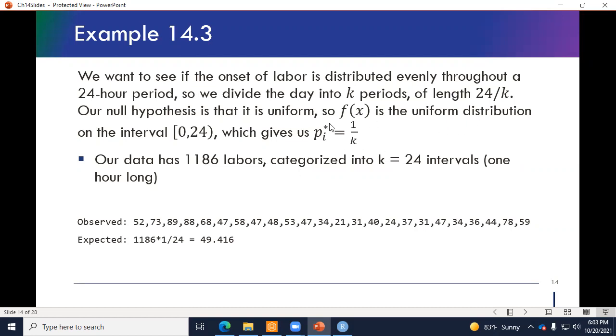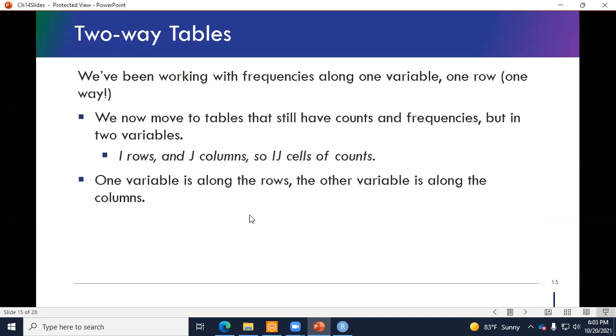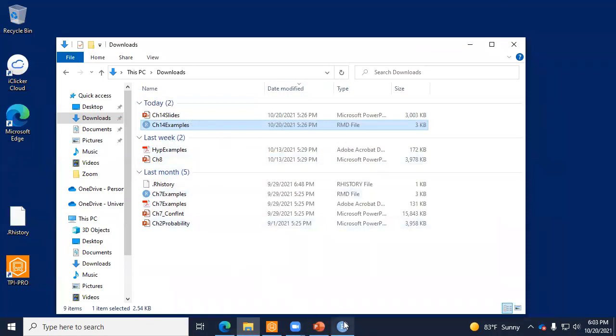So all intervals should have the same probability, and for each hour the expected count would be the same value, 49.416.